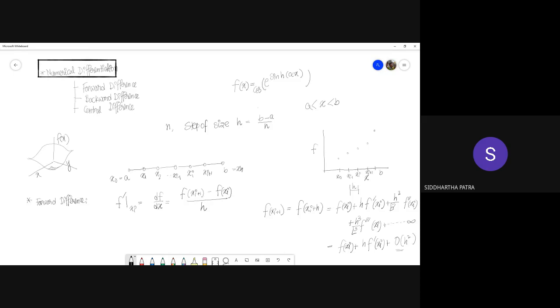So if you can imagine that h is so tiny that h squared is almost negligible, then we can represent that f prime is approximately f of xi plus 1 minus f of xi, divided by h.